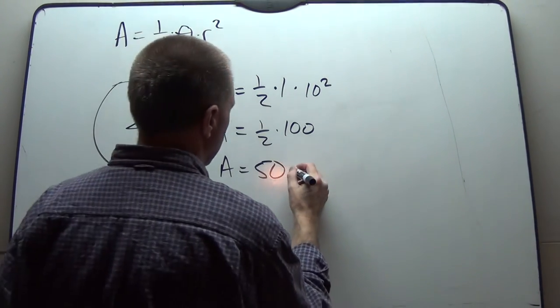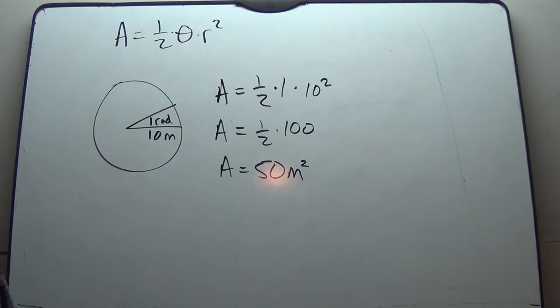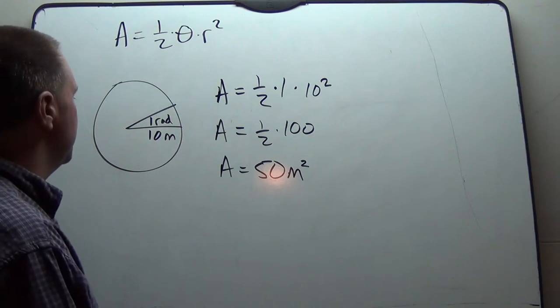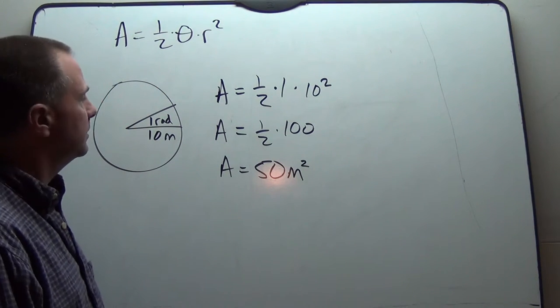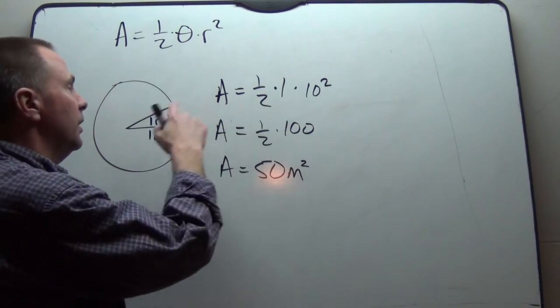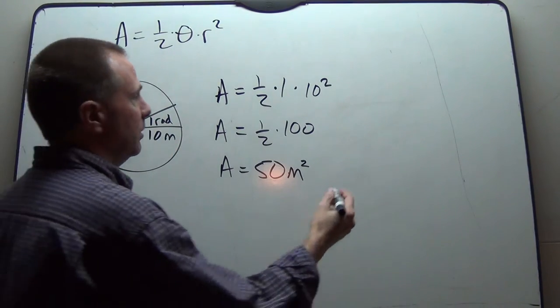The area is 50, and in this case the units are meters squared. So the area is 50 meters squared. Excellent. Not a problem there. If you want to know how many degrees that is, you should be able to tell that.